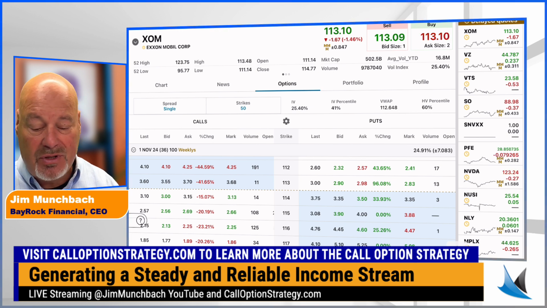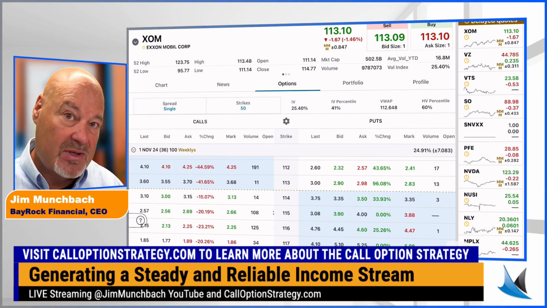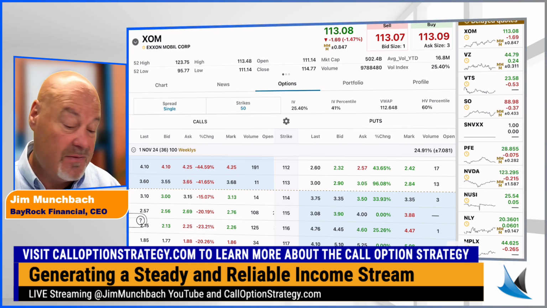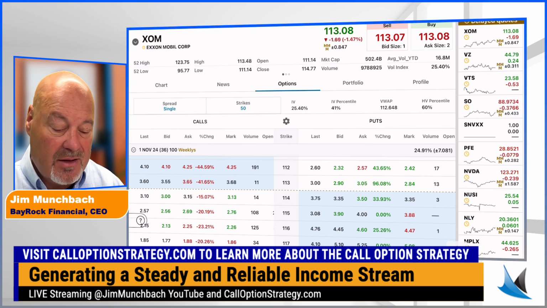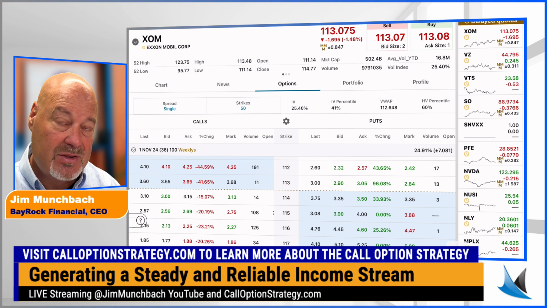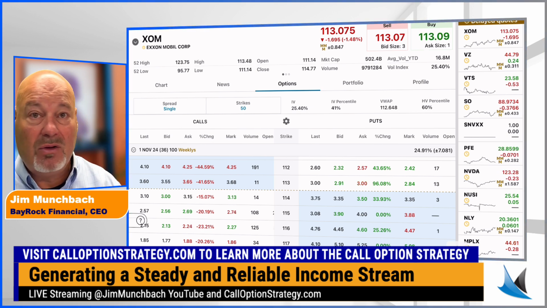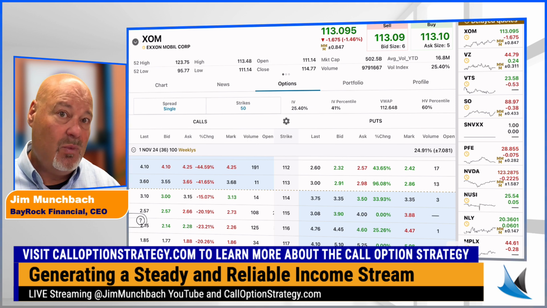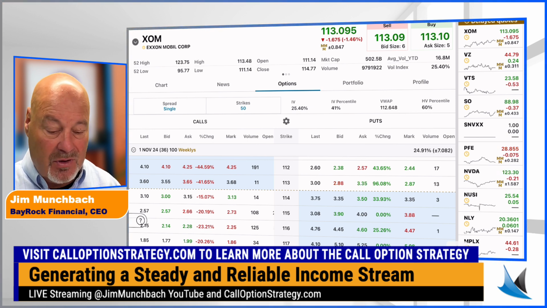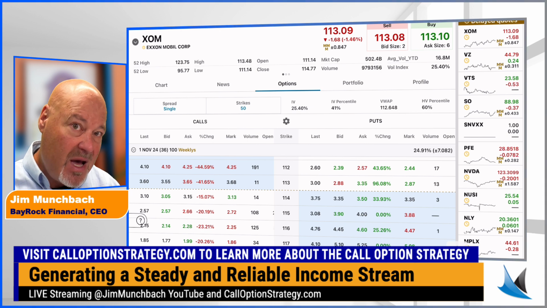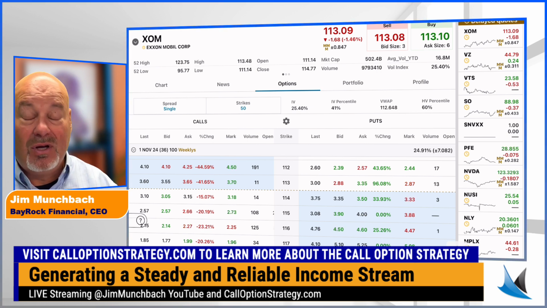What I would probably do is set it as a limit order, so that I got $3.50 a share. The contract would be $350, and I'd set it at a limit and hope that ExxonMobil pulls back a little more, and that somebody wants to short the stock, which is why they would buy my put, because they think it's going to go down.